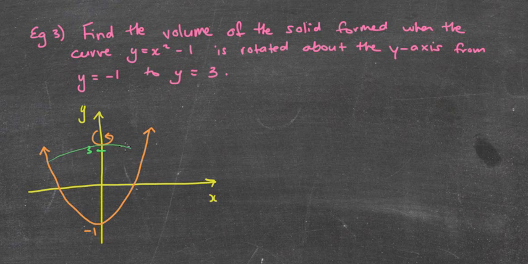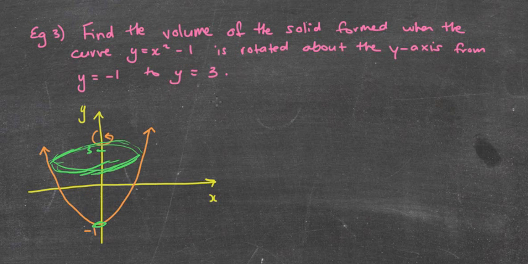It's spinning around this point here, and then around this bottom point here. So that's where it's spinning around. You can see that it's going around that actual y-axis, which is like the center pole.